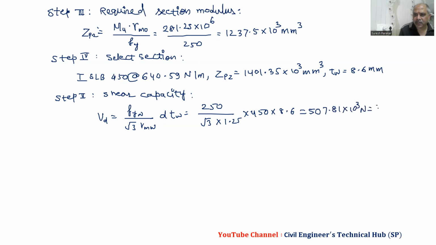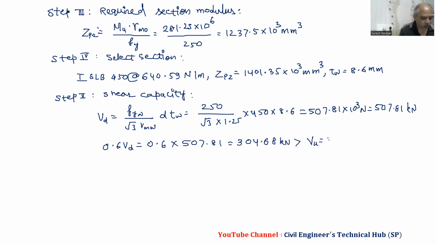Then we have 0.6 Vd, so 0.6 into 507.81 equal to 304.68 kilonewtons, which is greater than Vu, 187.5 kilonewton, and therefore we have to use clause number 9.2.